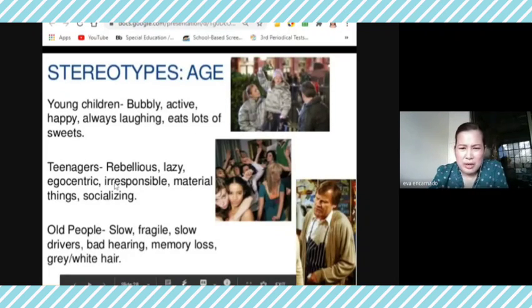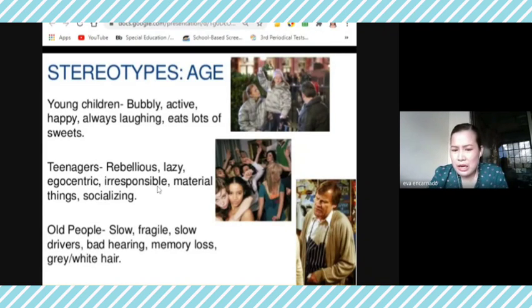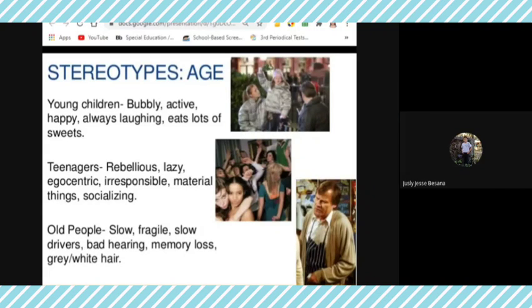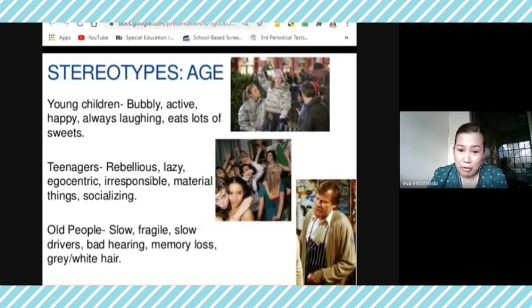Pag sa teenager naman, nalilabel ang mga teenagers as rebellious daw sila, they fight with their parents, they don't obey their parents daw. Pag mga teenagers na nalilabel sila na gano'n, is it okay? Hindi okay po. Some siguro meron namang rebellious, meron din namang hindi. Di ba no?